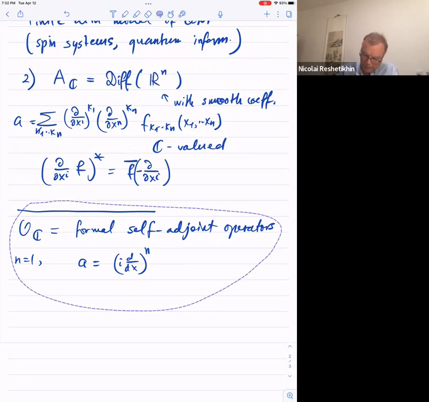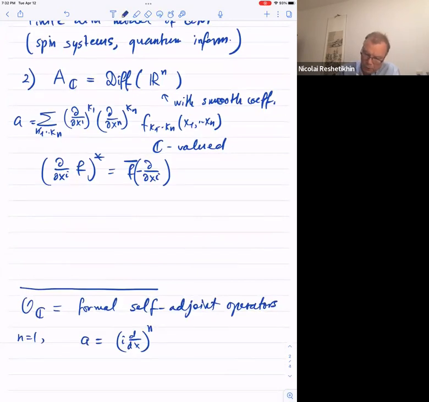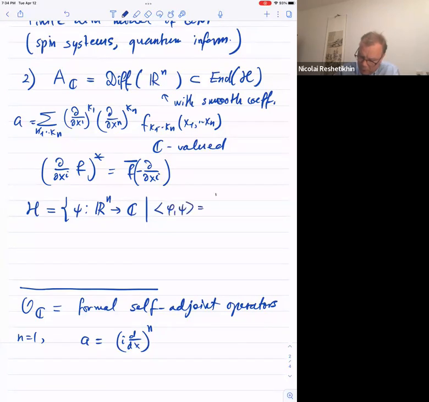Yes, maybe I should say that this is a subalgebra in the algebra of endomorphisms of the Hilbert space, which is the space of complex valued functions on Rn, with the Hermitian scalar product like this.